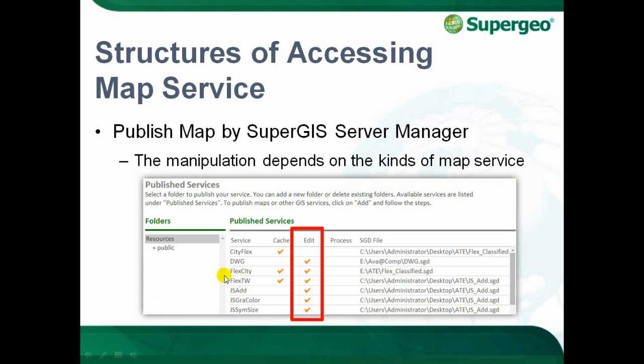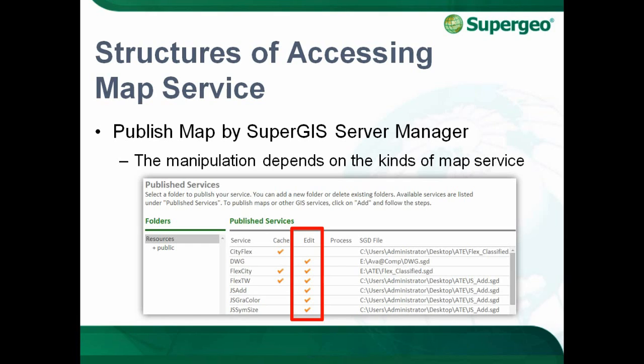If your map service, for example this one, Flag City, belongs to the editable kind, there will be a check here. It means it is editable, so you can create an app that can do the editing action.